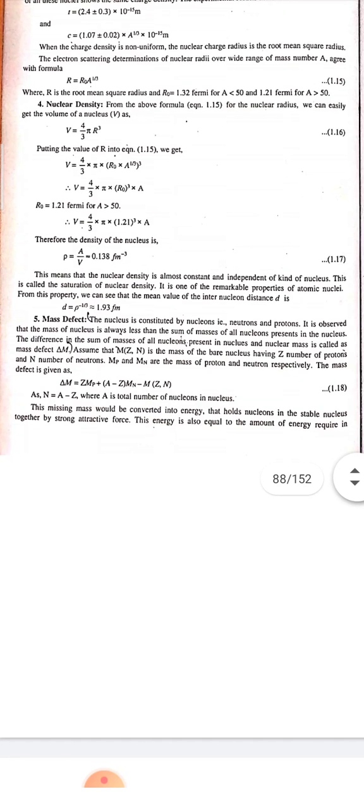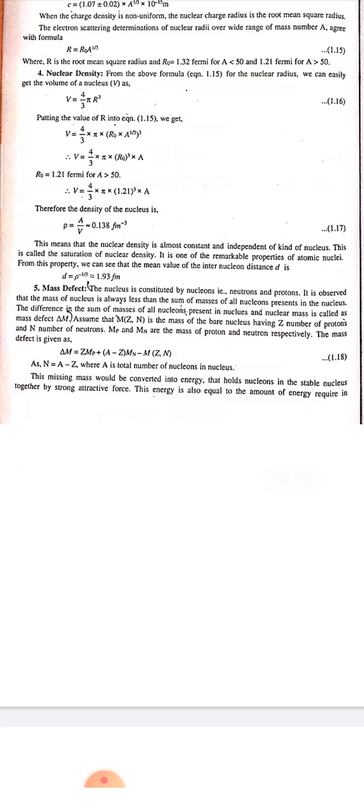A minus Z is nothing but, what is that? Atomic number and the, yes, Z is the number of protons, N is nothing but the number of neutrons, as N is equal to A minus Z, where A is the total number of nucleons in the nucleus.